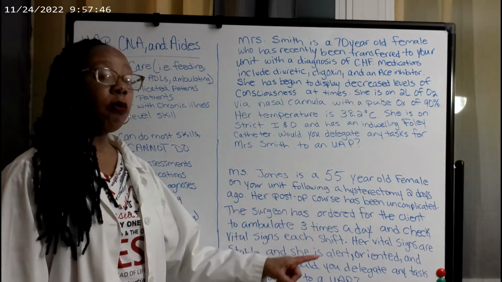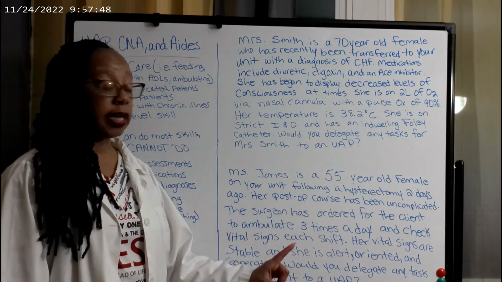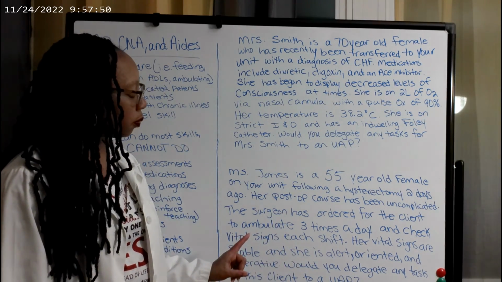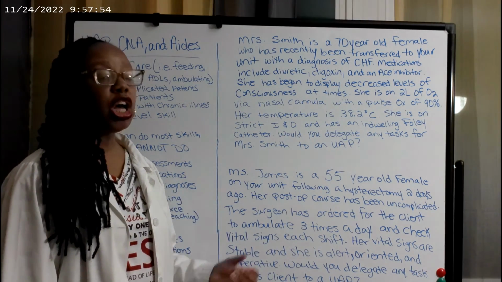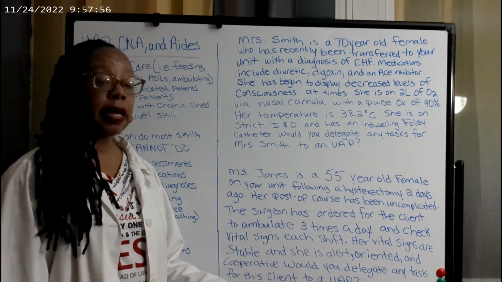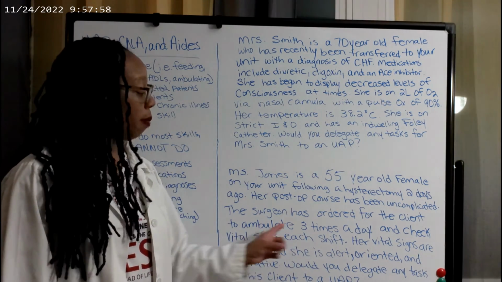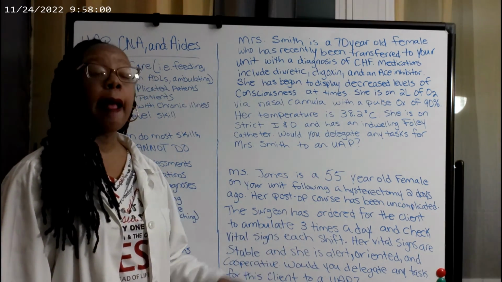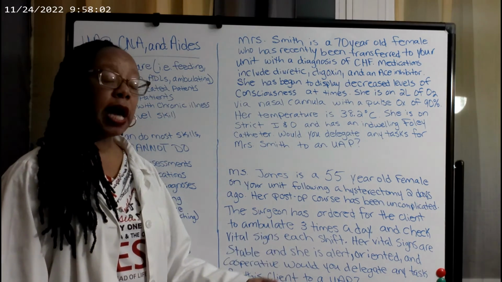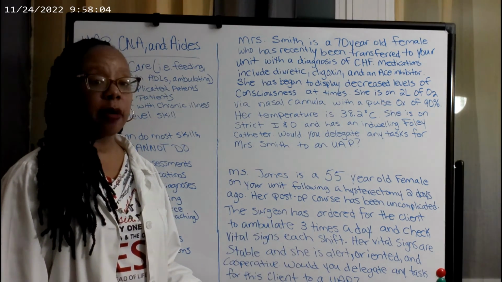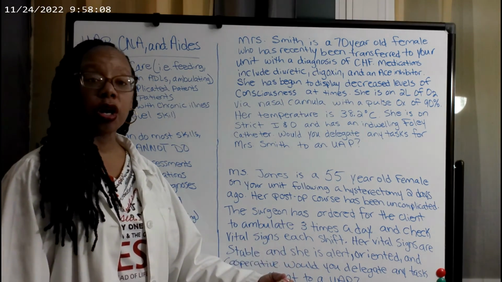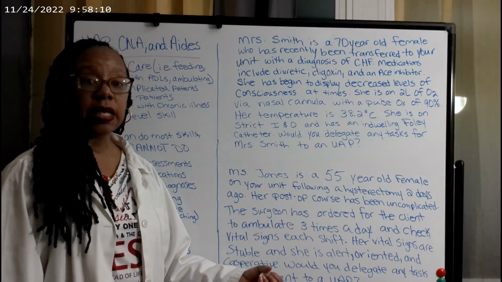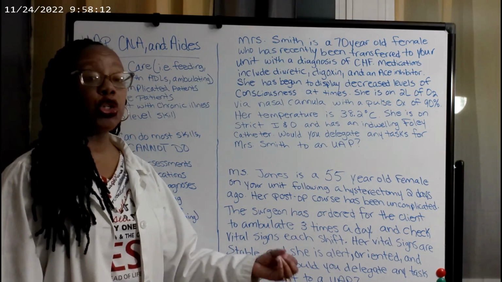Now, always remember your 5 rights. And remember we said when we're delegating, we want clear communication. So don't just say ambulate the patient 3 times a day. Be specific. What times of the day do you want that patient to be ambulated? How far do you want that patient to ambulate? Do you want her to use the walker?